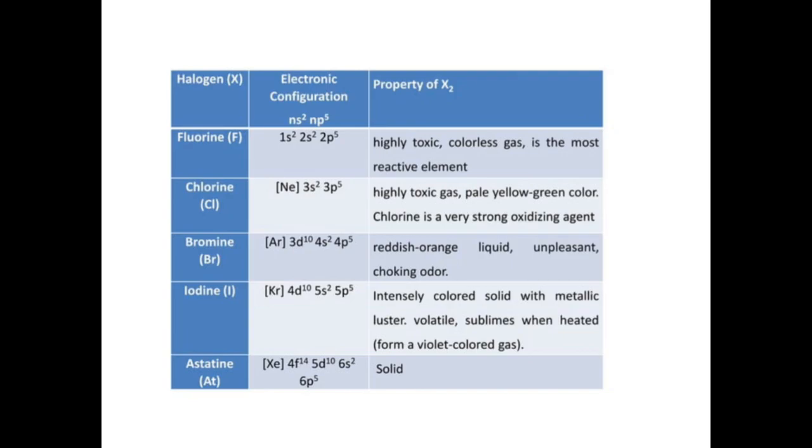Bromine is reddish brown. It has an unpleasant choking odor. Iodine is an intensely colored solid with metallic luster. It is volatile. It sublimes when heated. Iodine is one of the substances that sublime easily. From solid, it moves to gas. And then astatine is a solid radioactive element.